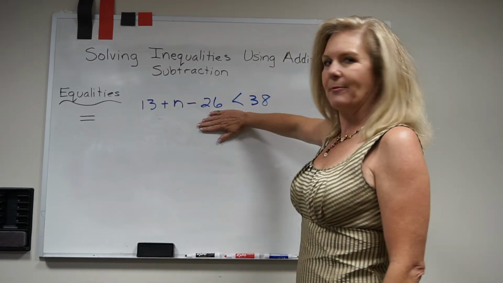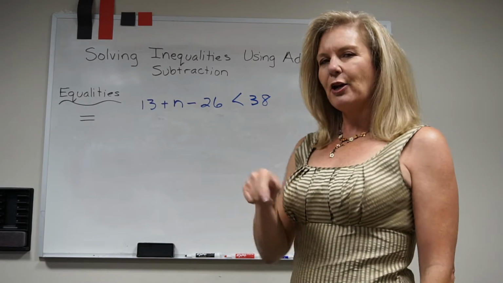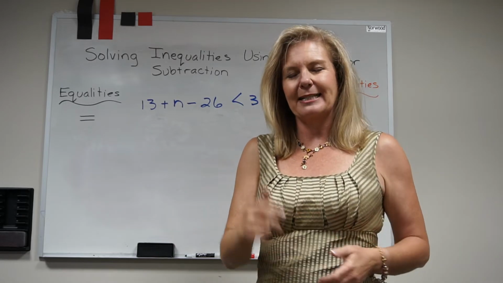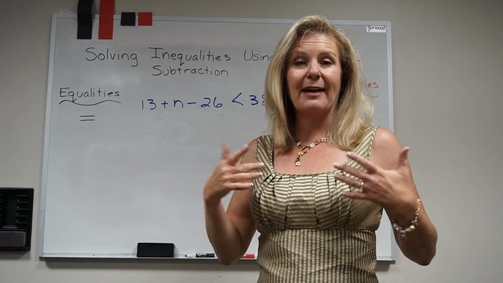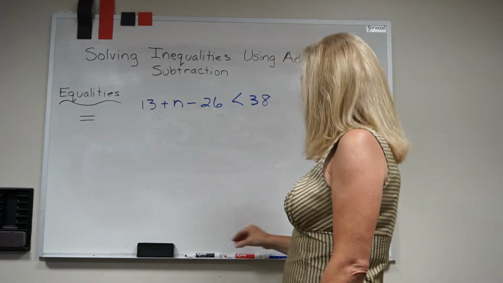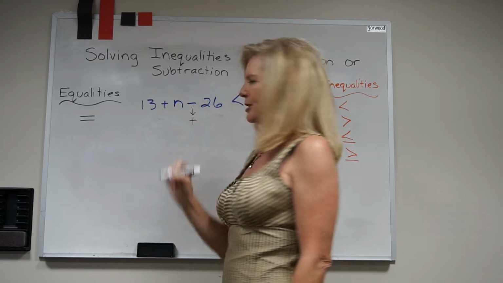I look at this problem, and the first thing I notice is I see a subtraction. And I know that whenever I'm gathering like terms, it's often easier for us to see those like terms when we have an addition sign rather than a subtraction sign. So my first step is I'm going to change that subtraction to an addition.